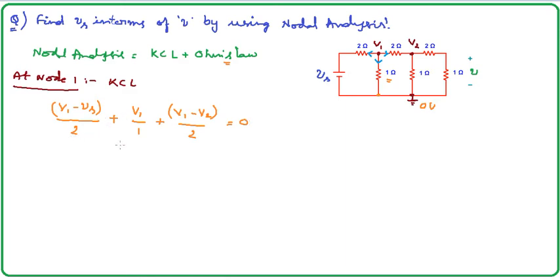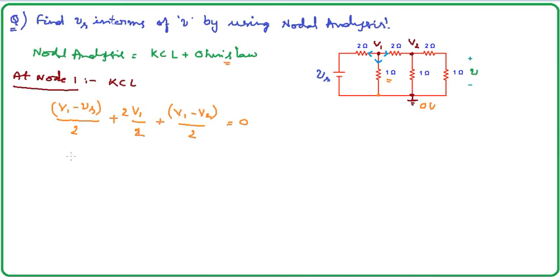Now I want to make this simple. Let me multiply with 2 here and with 2 here, so that 2 will be my LCM and it will go off. I want to write this equation as a multiple of V1 first and then V2, after that any other term. So the multiple of V1 is V1 plus 2V1, so the summation is 3V1, and this is also 1V1.